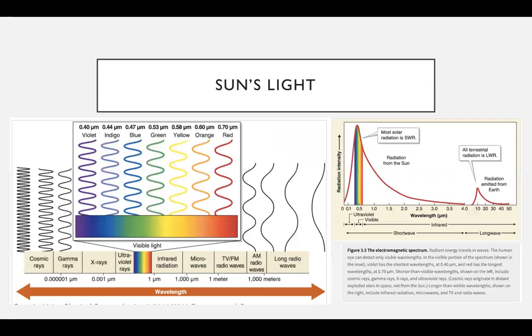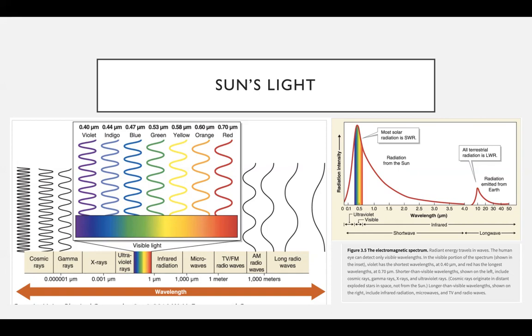The sun's light is a broad spectrum of wavelengths. It's mostly short wave radiation, with ultraviolet as the shortest, and then visible, and then into infrared, microwaves, and then long radio waves. As you can see, the radiation intensity of visible light from the sun is the greatest, with infrared and UV light the next greatest.